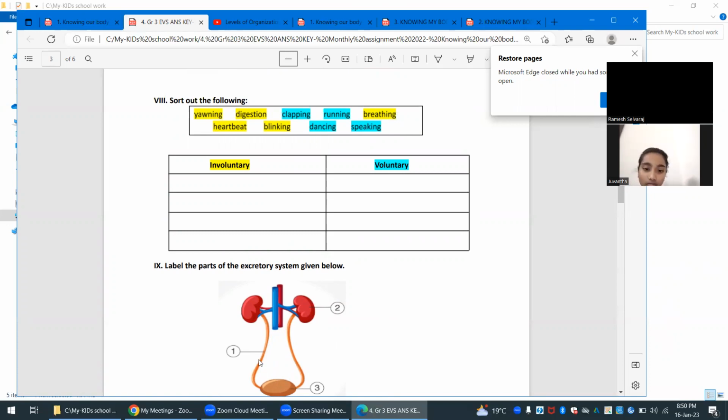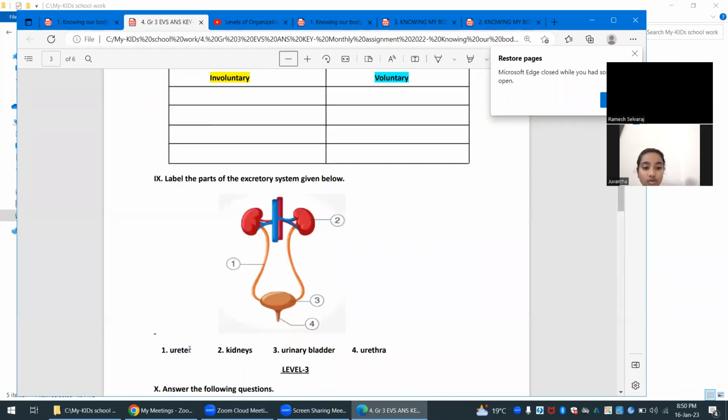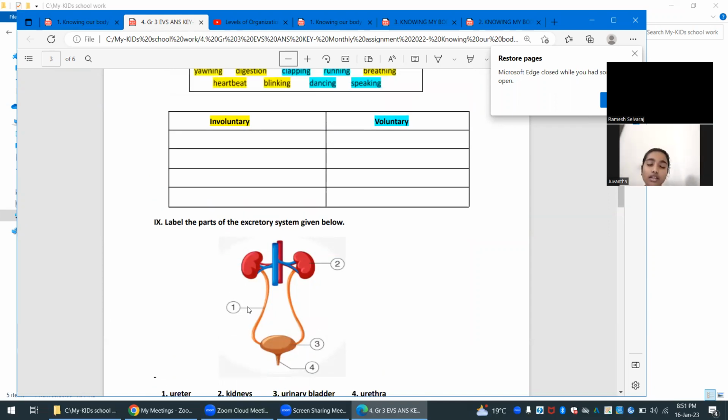You remember ter? T-E-R. Ter means tube in the Greek language. Okay. First one is ureter. The second one is kidney. The third one is urinary bladder. The fourth one is urethra. Okay.